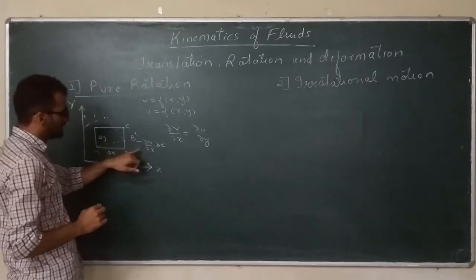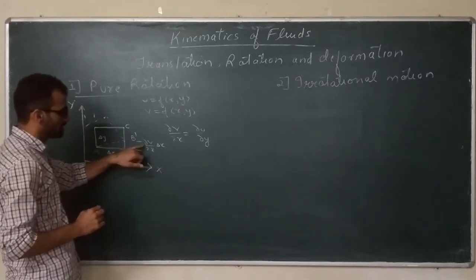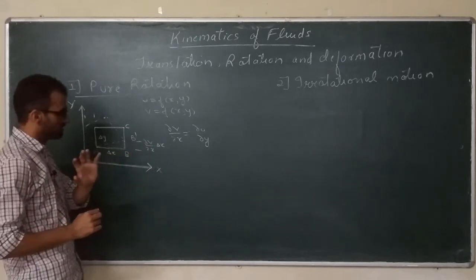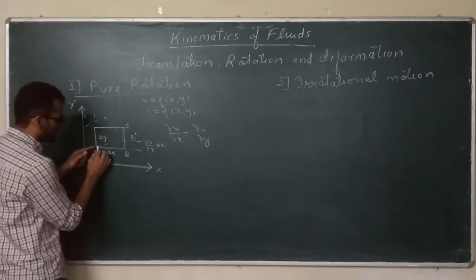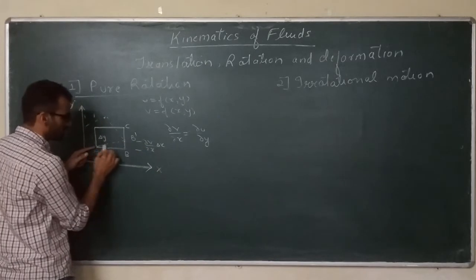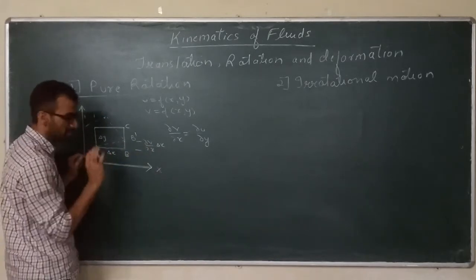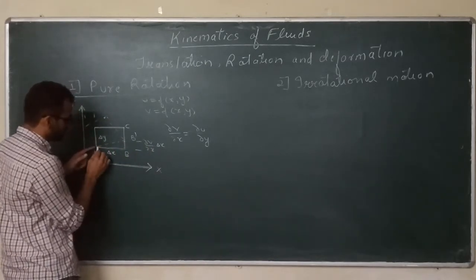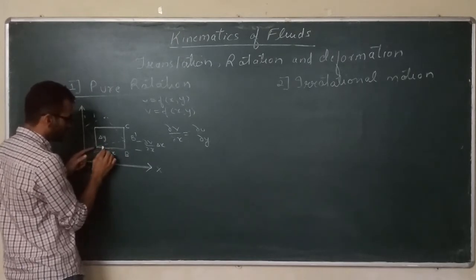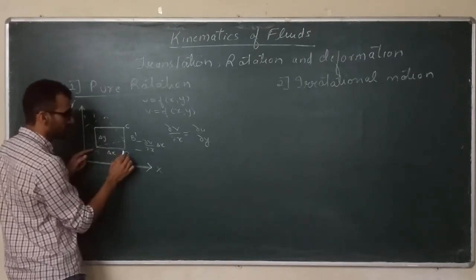To start the analysis, I assume that del v by del x is positive. What is the meaning of that? The gradient of vertical velocity v along x is positive. It means that the vertical velocity of consecutive points along this segment is increasing.